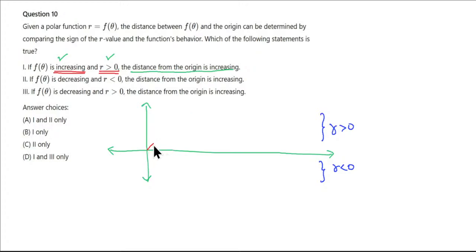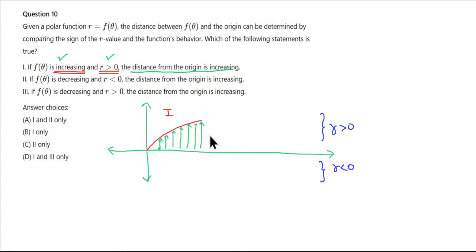So this is case one, where the function is increasing, climbing, of course, and r is positive, right? Now, what is the distance from the origin? When we talk about the rectangular plane, the distance from the origin is basically the height from the x-axis. This height from the x-axis is actually the distance from the origin.